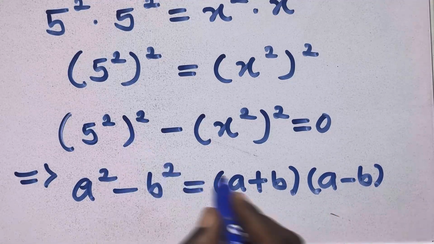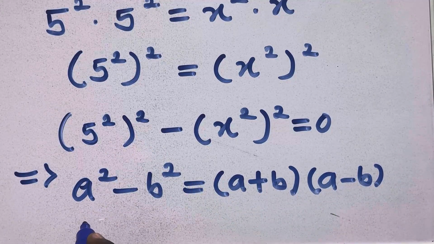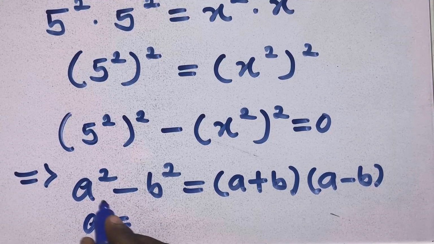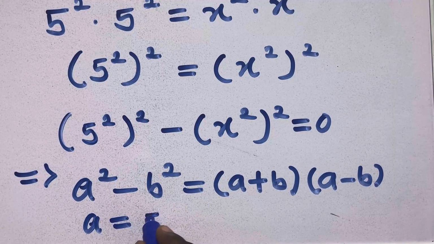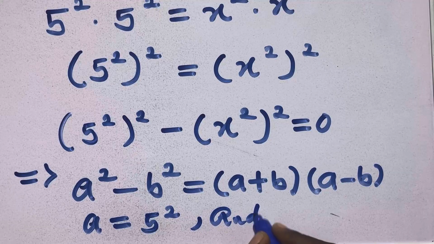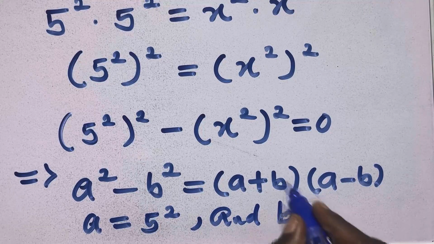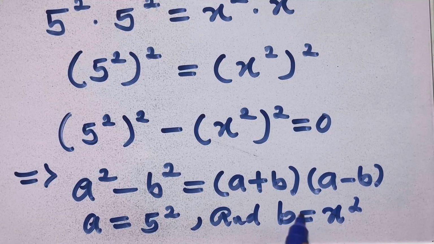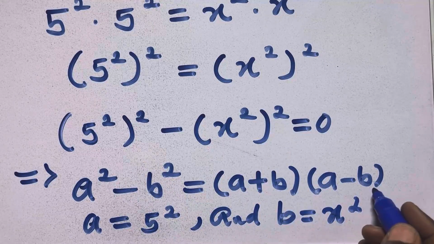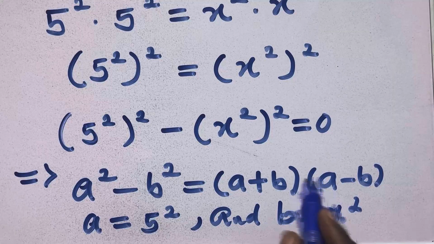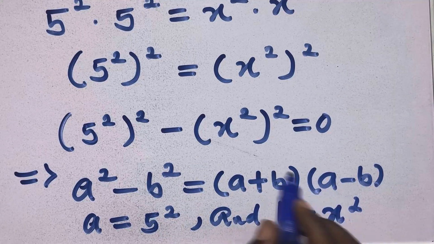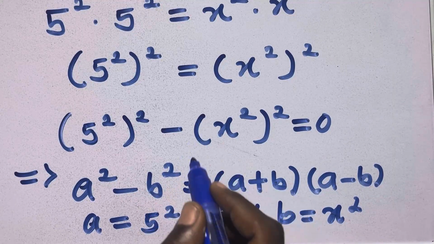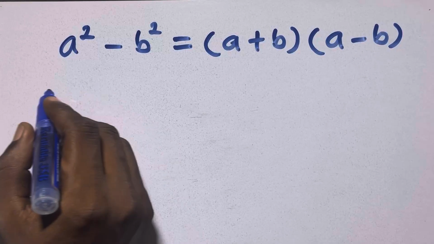All right, so now applying this, let's compare. Let this stand for our a, so 5 squared will stand for our a, and our b will be equivalent to what? x squared. So let's apply this and see what we will have.